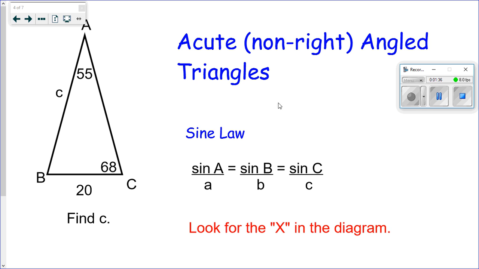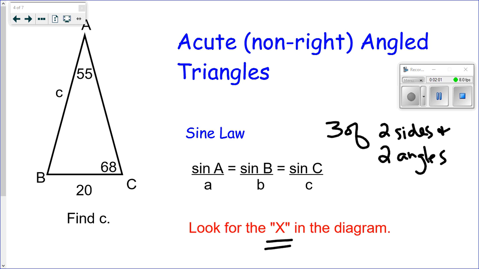Now, the easier way of going about it is looking at it. It's a non-right triangle, so there's no 90-degree in there. And what I need is two sides and two angles.